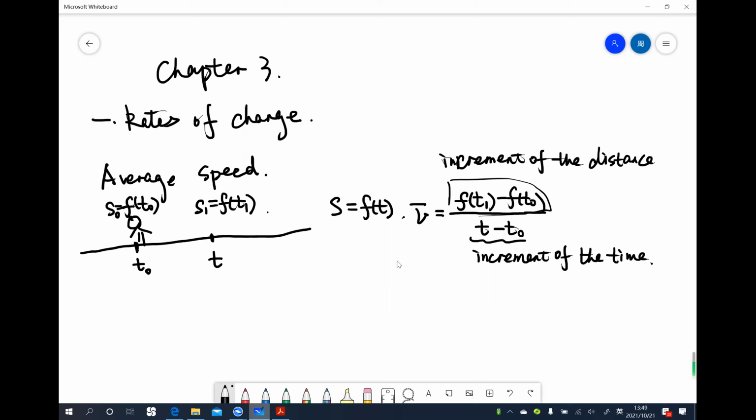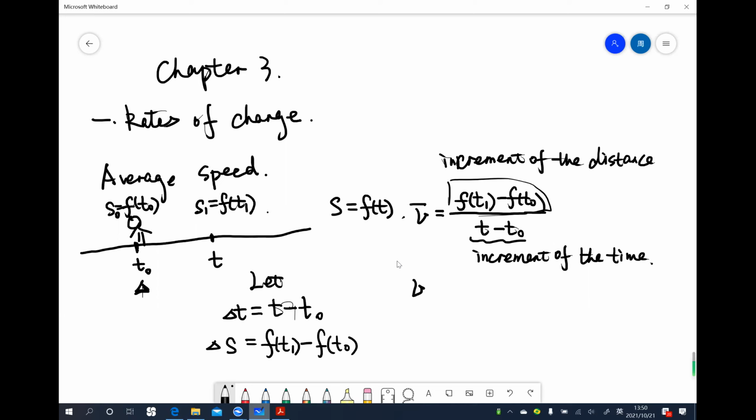But if I want to know the speed at the time t0, the speed at this moment, how can I get it? Here I can let t minus t0 equal delta t, and f of t1 minus f of t0 equal delta s.